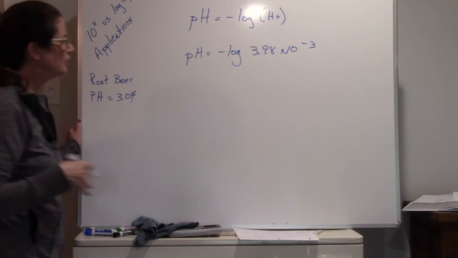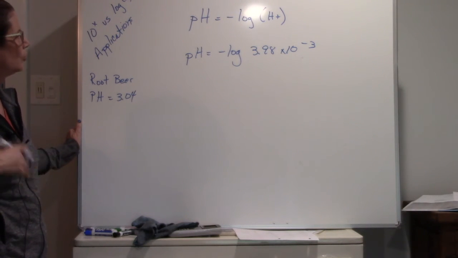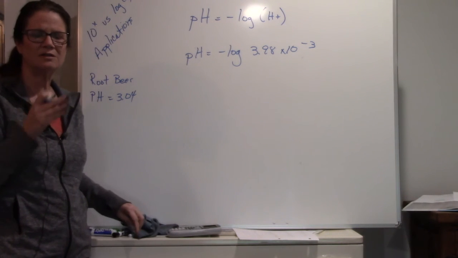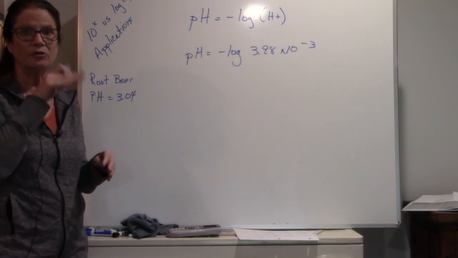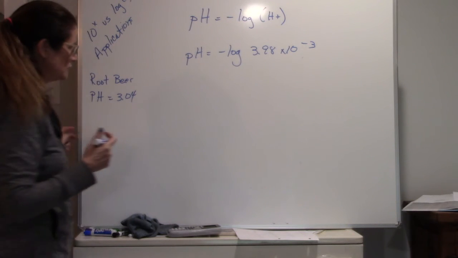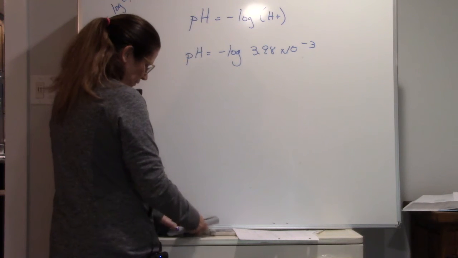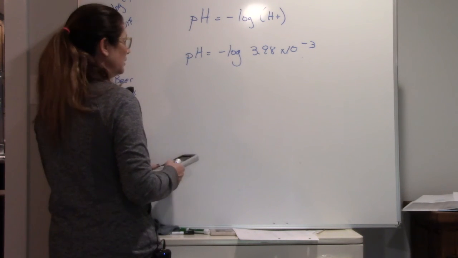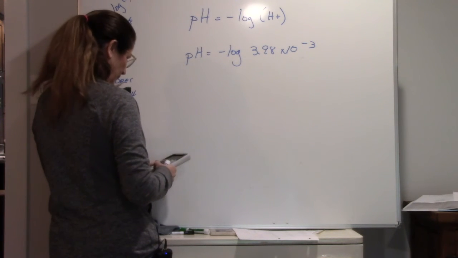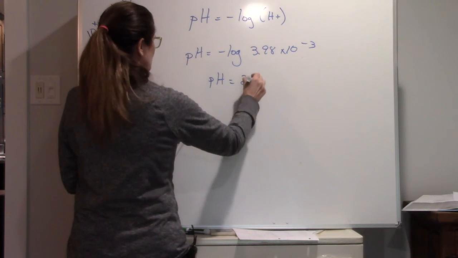So again, you can plug it in straight through as scientific notation, or some of you, I think on the TI 30s, there's an actual key that says times 10 raised to the negative X value. So you can actually use that button. So we're going to go negative log of 3.98 EE negative 3, and then close the parenthesis. So with a lemon, the pH is 2.4.